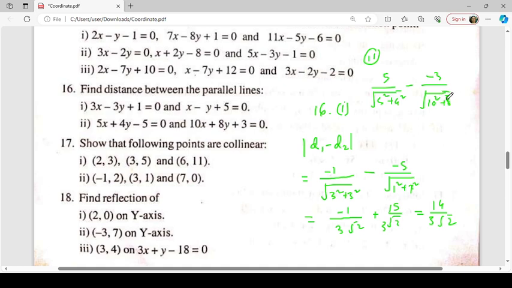So 10 square plus 8 square means 2 comes out, so it is 2 root over 5 square plus 4 square. 5 square plus 4 square is 25 plus 16, which is 41. Then it is 10 plus 3, so it is 13 by this.